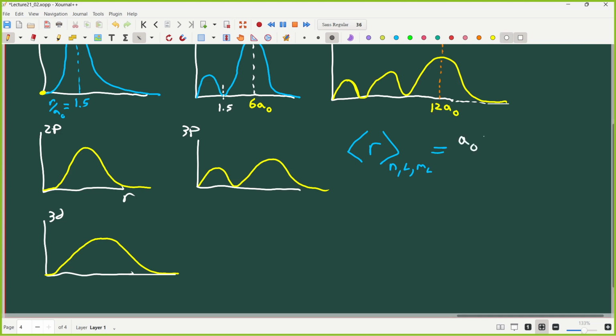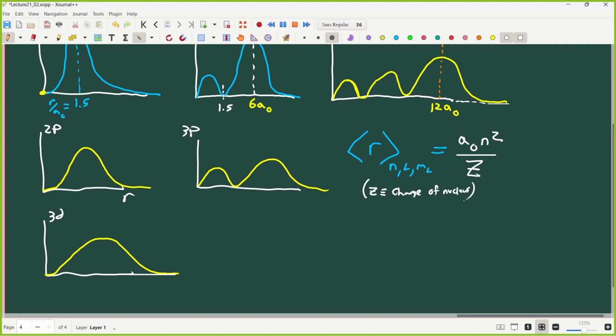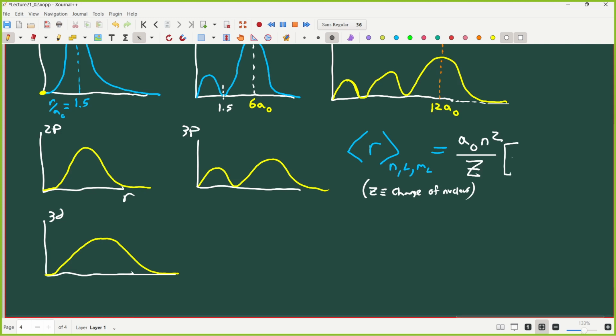It's a naught n squared over Z. I'm just going to write Z is the charge of the nucleus. So for hydrogen, it's 1, times 1 plus 1/2 times 1 minus L times L plus 1 over n squared.